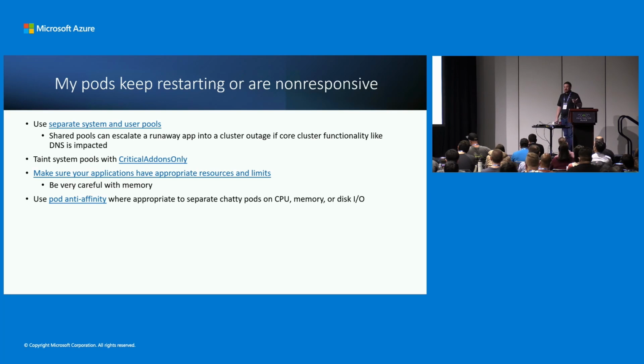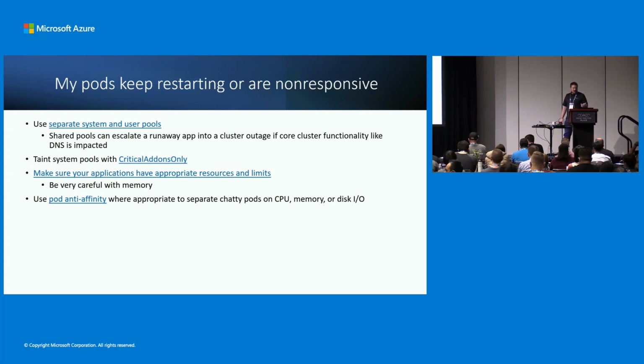That's bad enough when that's another piece of your application or another completely separate application. It's worse if you're not separating your system and user pools and now that workload that's being impacted is core DNS. And that can escalate a single app issue into a cluster outage if you have enough shifting and churn to basically take the DNS services for the entire cluster offline.